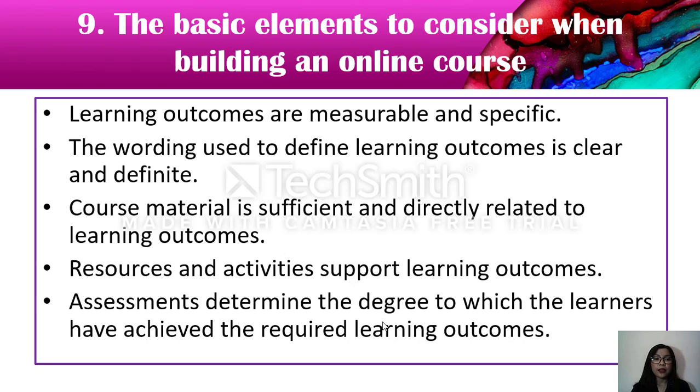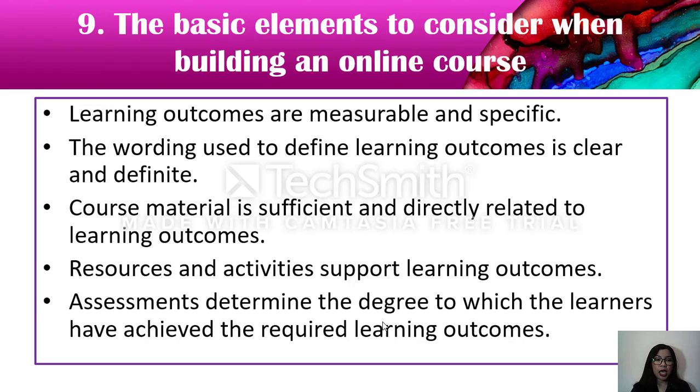And the second is the wording used to define learning outcomes is clear and definite. So the third, the course material is sufficient and directly related to learning outcomes. The fourth is resources and activities support the learning outcomes. So the activities that can be done by the teacher and the students in the online learning course should be based on the learning outcomes the teacher already gave to the students.